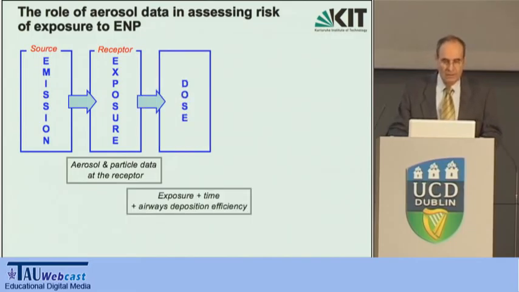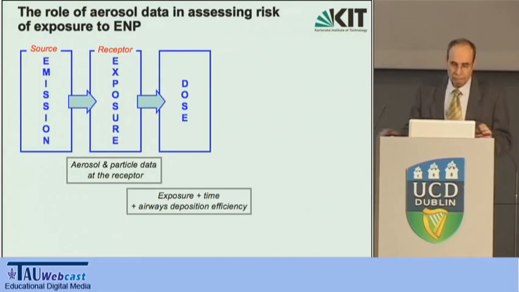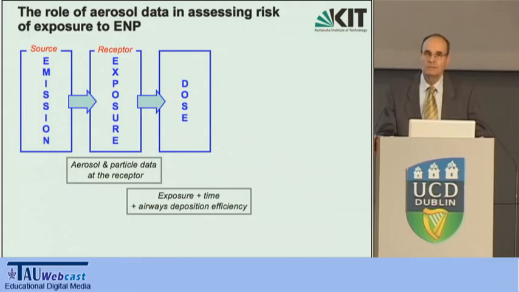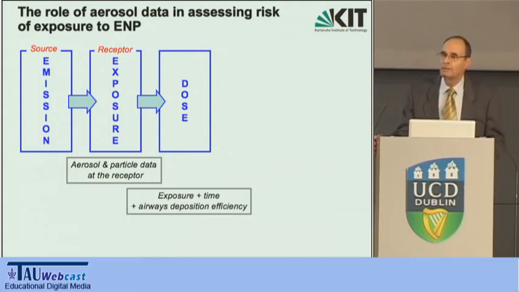From there on, you compute a dose, which is essentially the combination of a certain exposure time and an exposure concentration, plus you have to fold into that an efficiency for airways deposition, which is also an aerosol problem, and there's a lot known about where and how particles deposit in the human lung and the human airways, not just the lung.